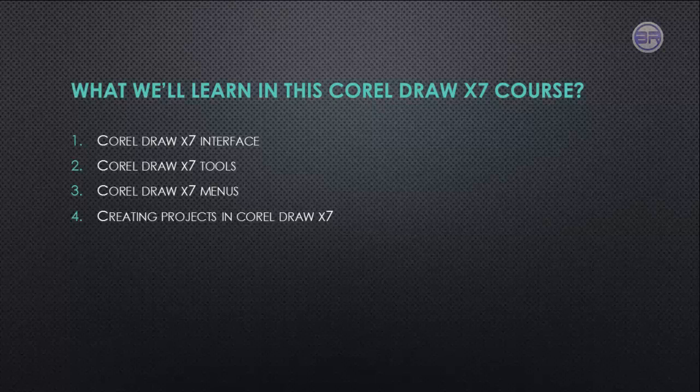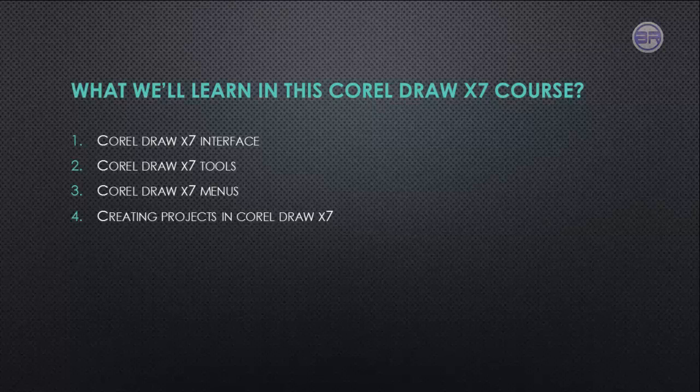basically the simplest, this course will have 4 simple sections for you. The first one will be understanding the Corel software, the interfaces of Corel software. When we open it and we see how many sections are there in Corel software, we can understand them very easily in a few lectures in the first section.